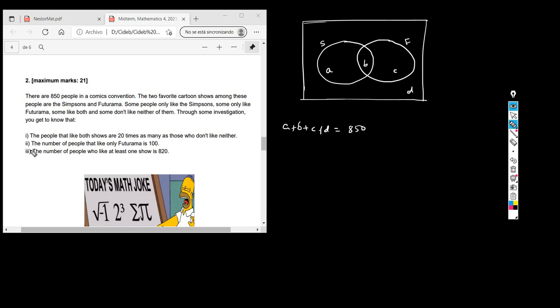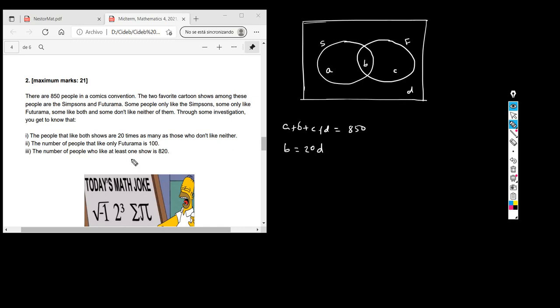If we keep on reading these 3 pieces of information, we have that the people that like both shows, which is B, are 20 times as many as those who don't like neither, which is D. So B is 20 times as many as D. Even though the diagram doesn't represent that visually, it makes no difference. If I tell you that this is 20 times larger than D, then so it is. B is 20 times the size of D.